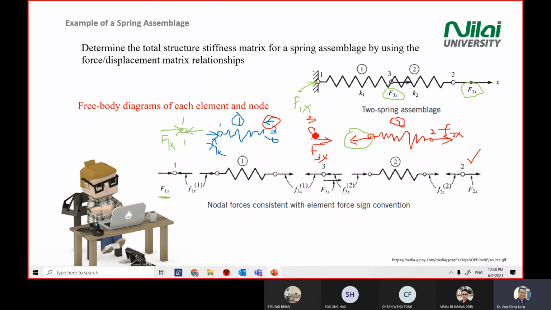There will be a reaction force at point number 3 that counters this external force. The point itself will counter this F3x here. That's why we draw the arrow on the left from point 3.